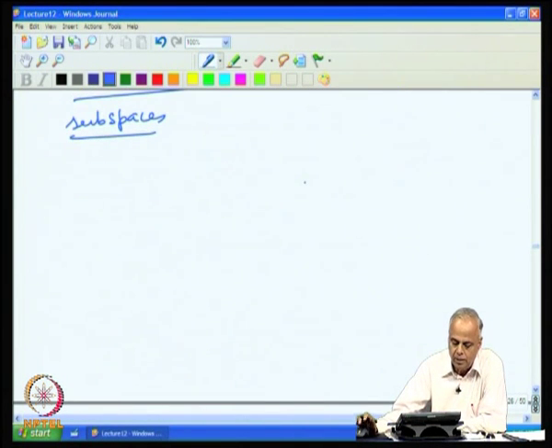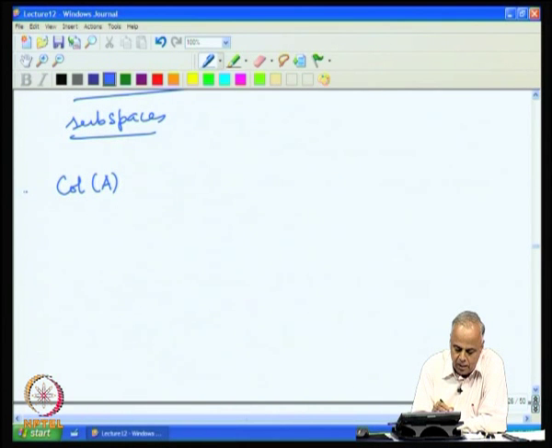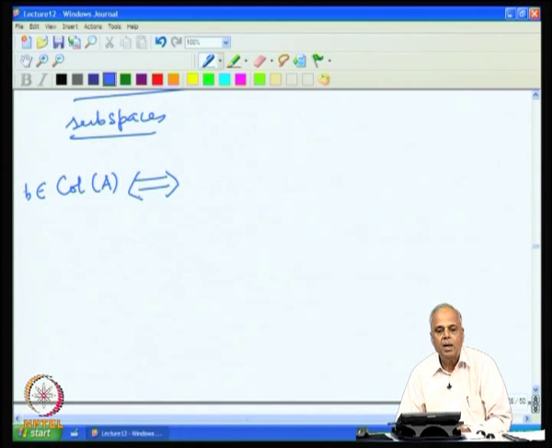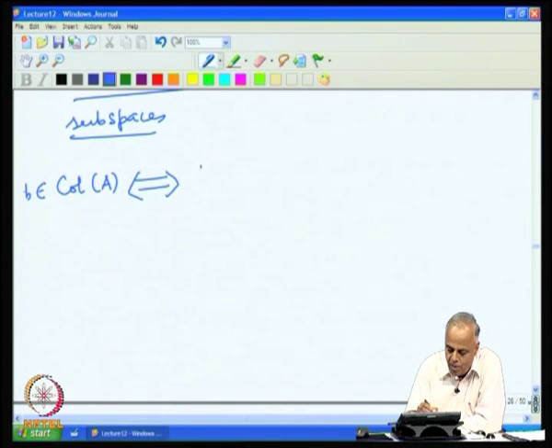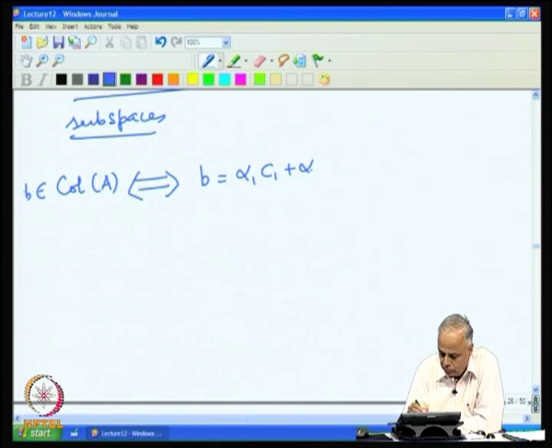Let us begin with the column space of A. Suppose we have a vector B in the column space of A. What does that mean? Something qualifies to be in the column space of A if and only if it is a linear combination of the columns of A. So, it must be of this form.